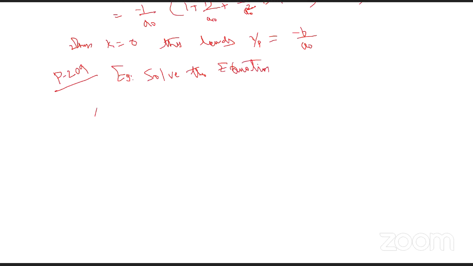d square y by dx square plus dy by dx plus y equals x square. Solution.